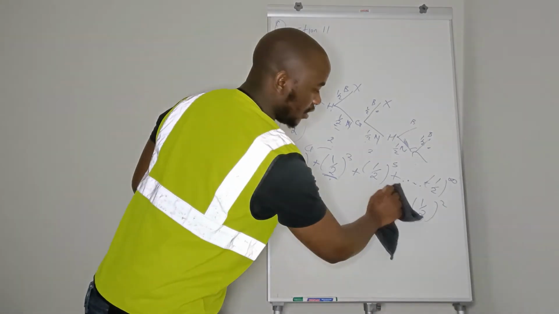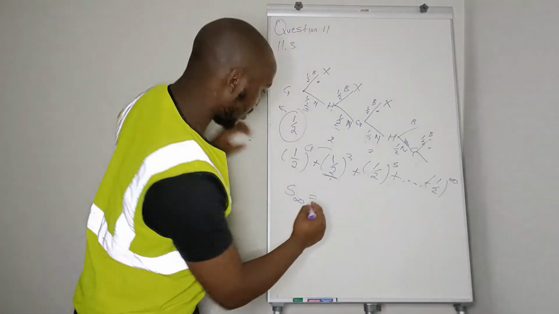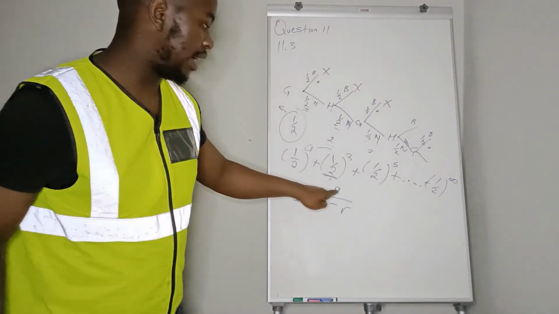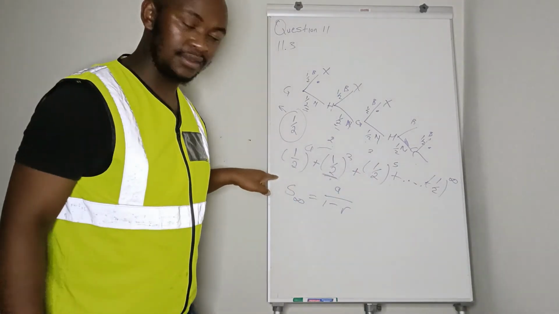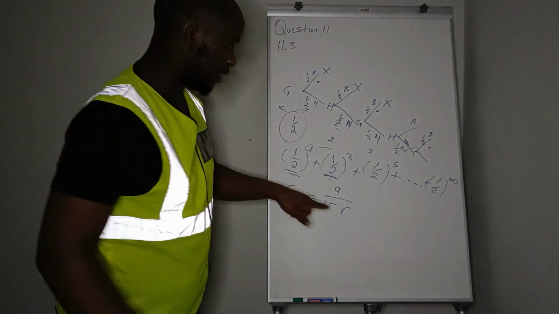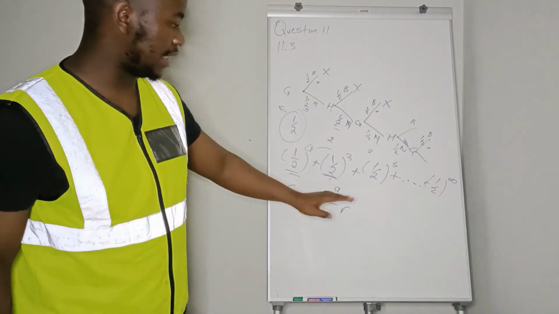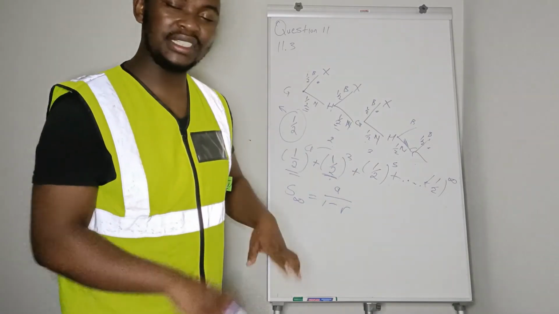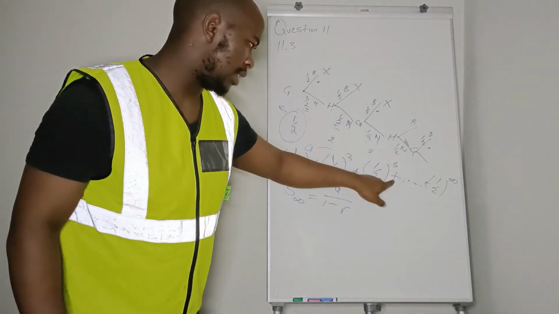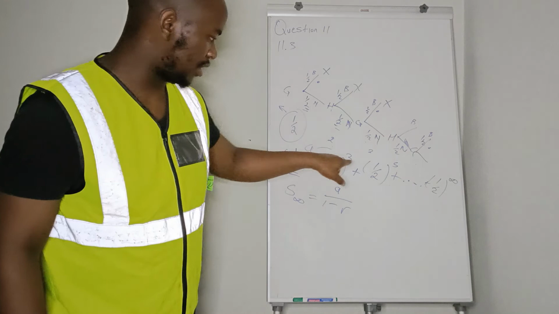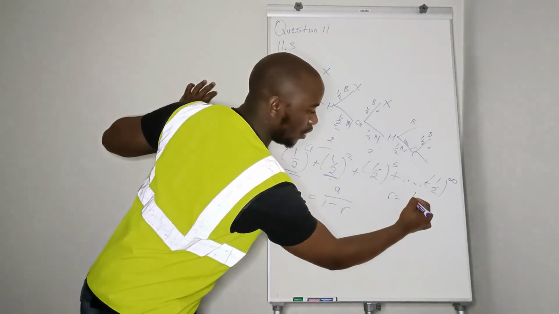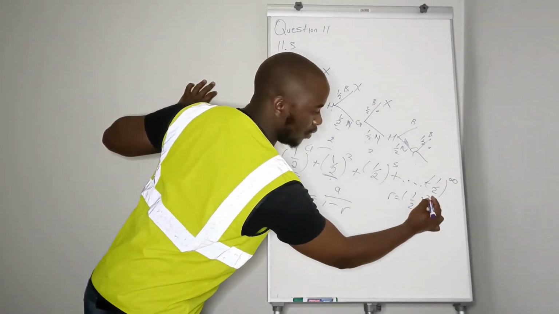Just to make this neat, the formula of sum to infinity is a over 1 minus r, where a is the first term of the series, and the first term for us is 1 over 2. Then r is the ratio of each term. You can take any term, but they need to be consecutive. So if we take 1 over 2 to the power of 5 and divide it by 1 over 2 to the power of 3, we're going to get r equals 1 over 2 to the power of 2.